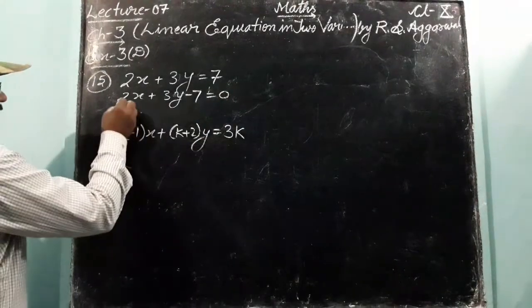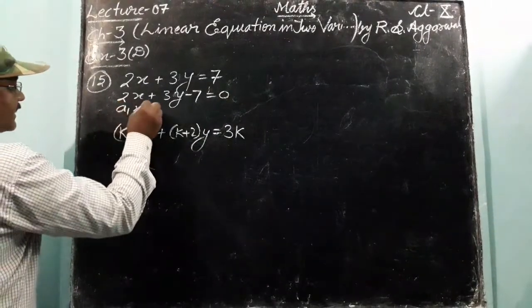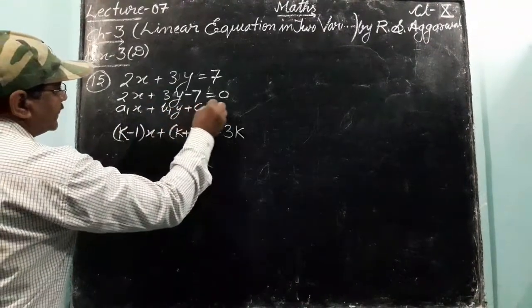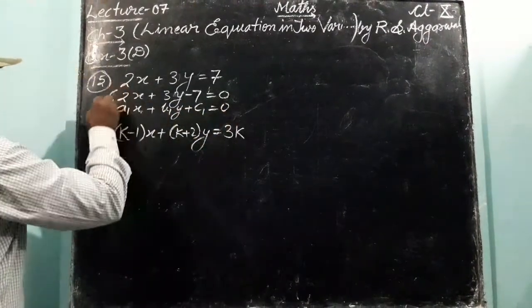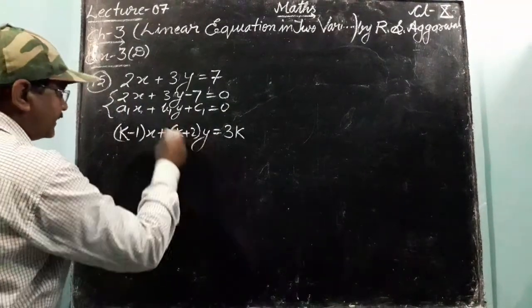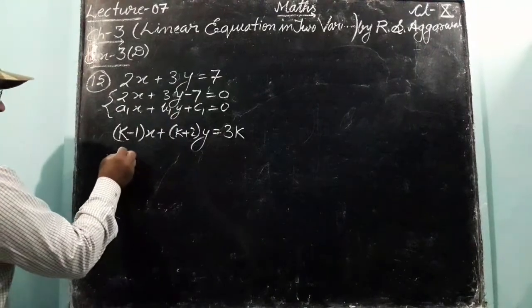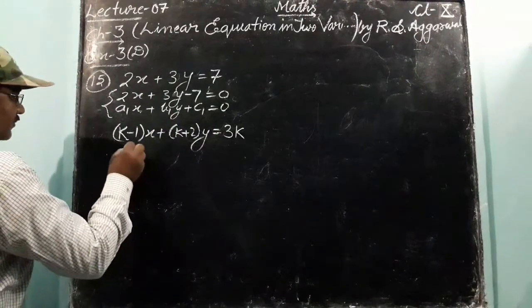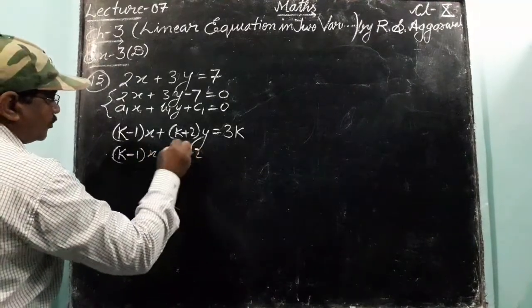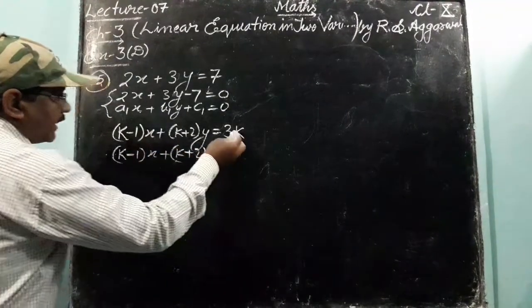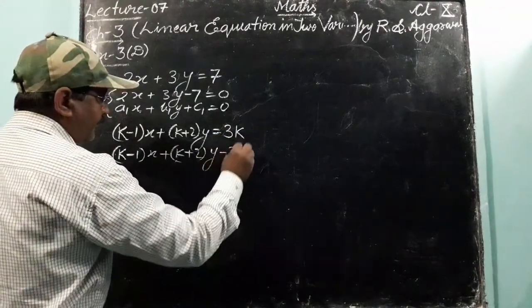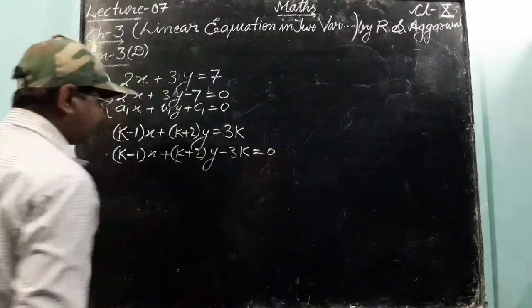Now the second equation also convert into this form: (k minus 1)x plus (k plus 2)y, and transposing 3k there, minus 3k is equal to 0.